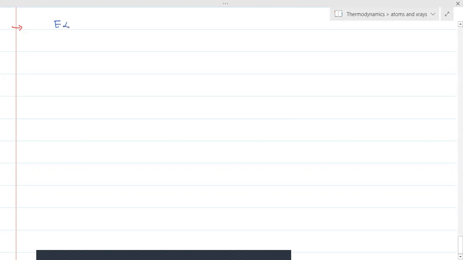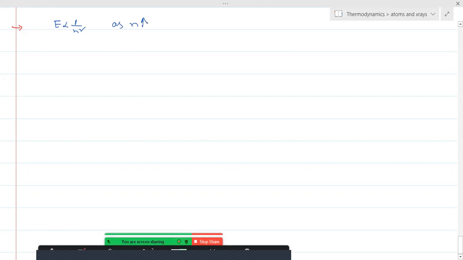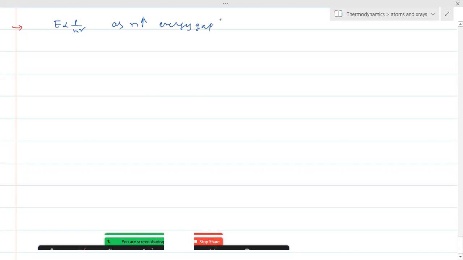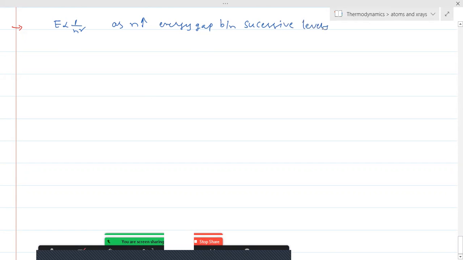And this is also important. E is proportional to 1 by n square, which means as n increases, the energy gap between successive levels decreases.